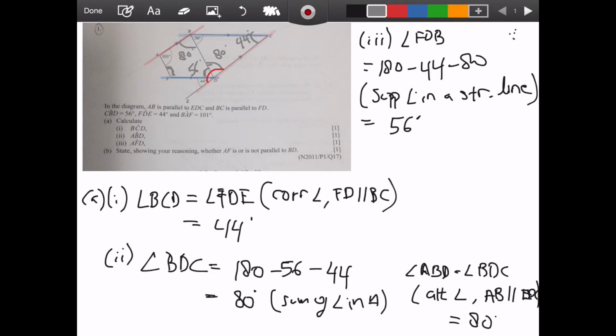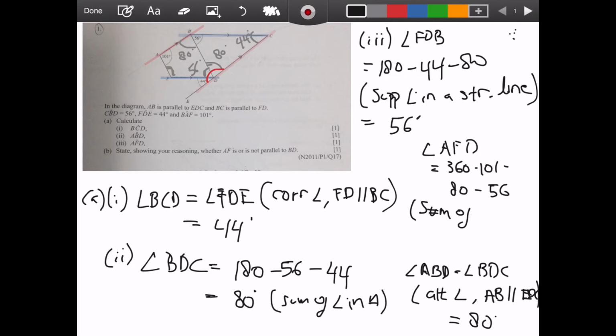Now what is the angle AFD? Angle AFD is equal to 360 minus 101 minus 80 minus 56. And what is this? This is the sum of angles in a quadrilateral.